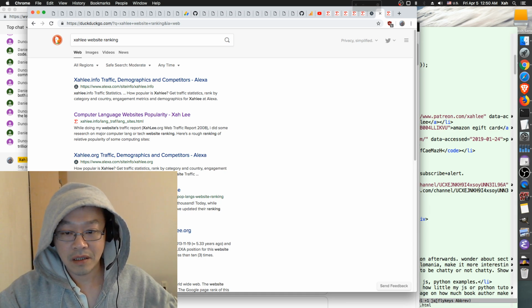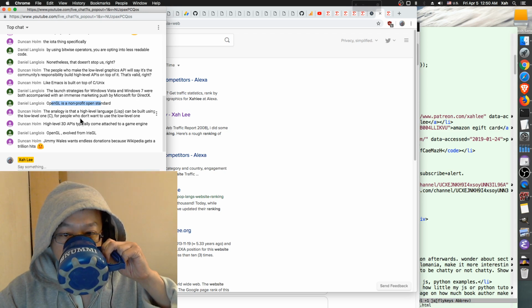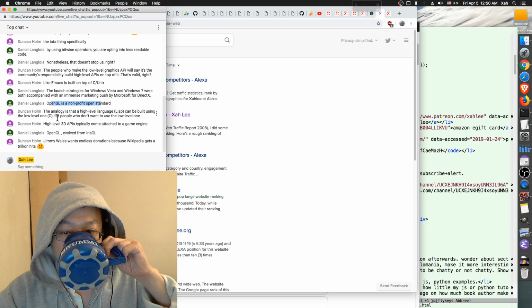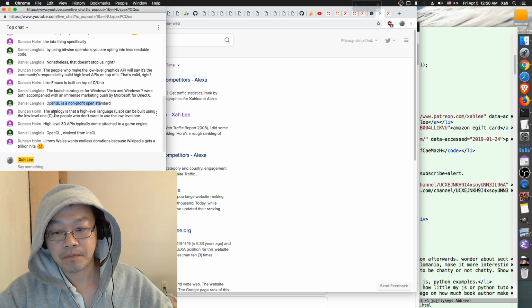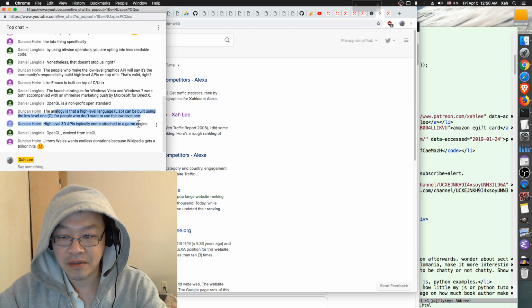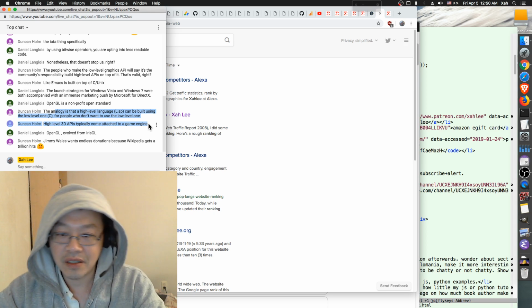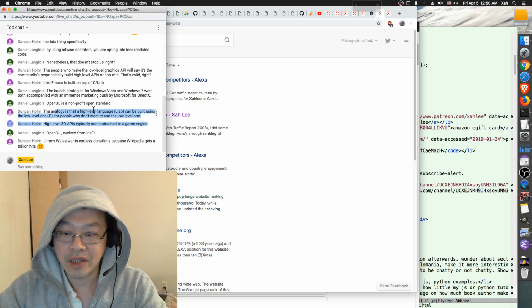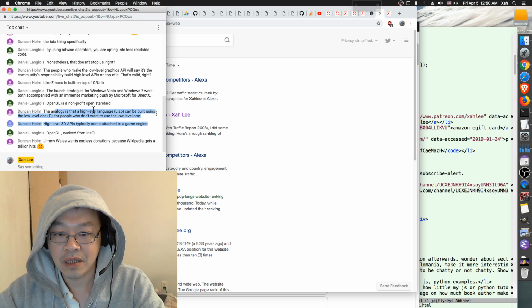But I kept talking. Let me read the comments. Duncan says the analogy is that high-level languages such as Lisp can be built using low-level ones such as C for people who don't want to use the low-level one.